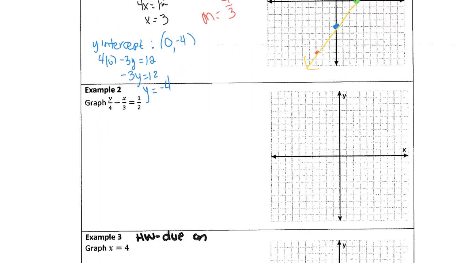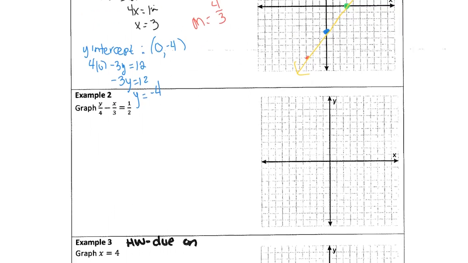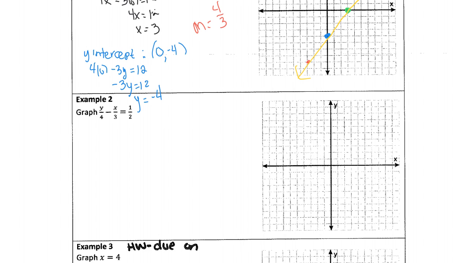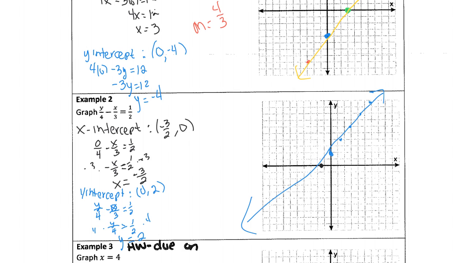So I want you to try example 2. Find your x- and y-intercepts and then graph them. Okay, so hopefully your x-intercept was negative 3/2, comma 0, and your y-intercept was 0, comma 2. This would be one of those cases that's kind of tricky to graph.